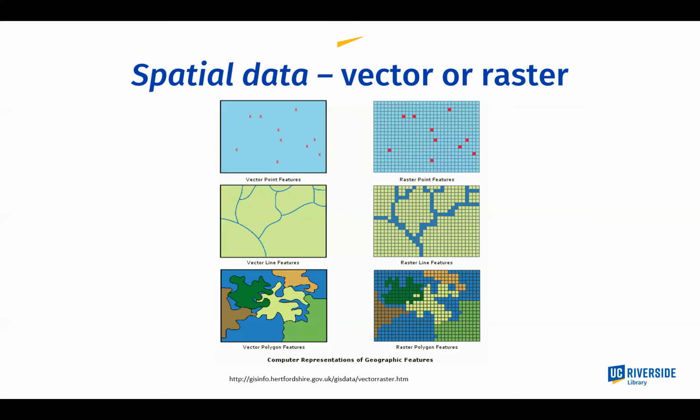Vector data is very commonly used. I think almost all GIS users use it at some point or another. But we also want to take a look at raster data, which we're all kind of familiar with from our experience with computer screens, and that we know about pixels, and every pixel has a value at a given point in time.